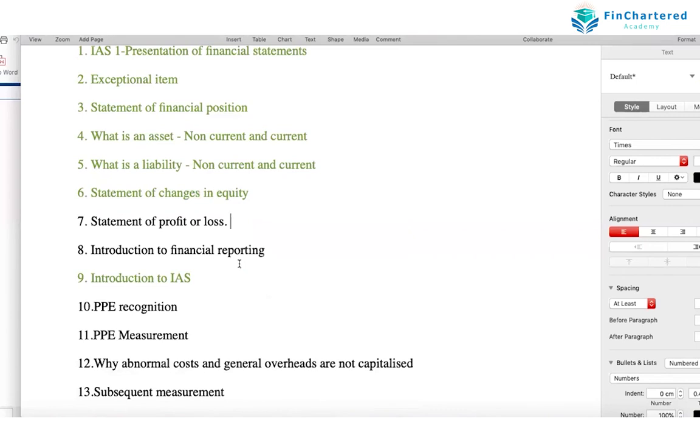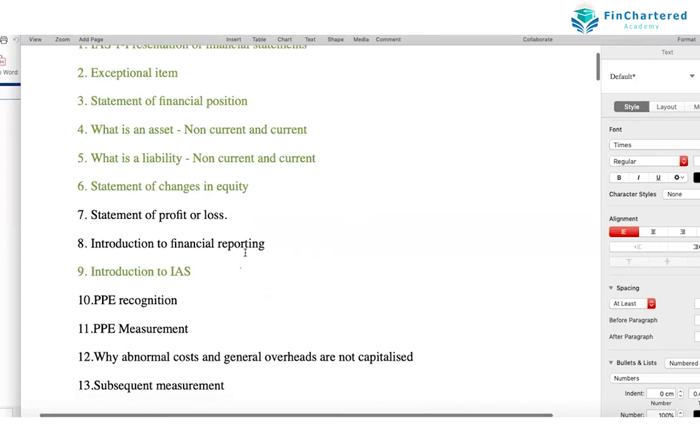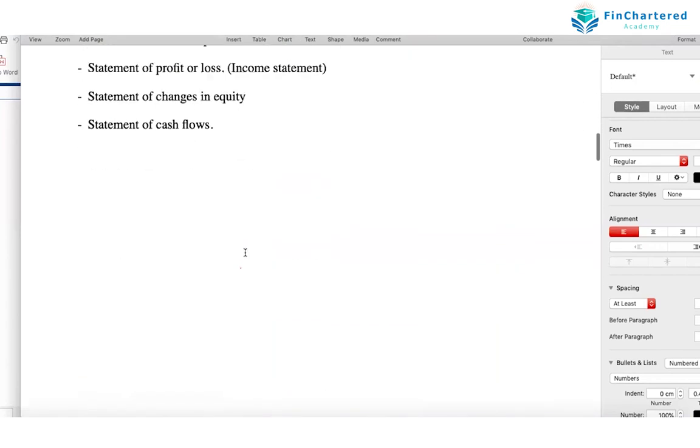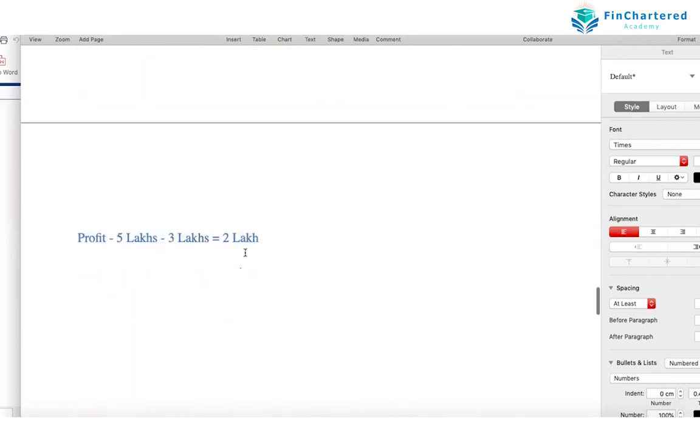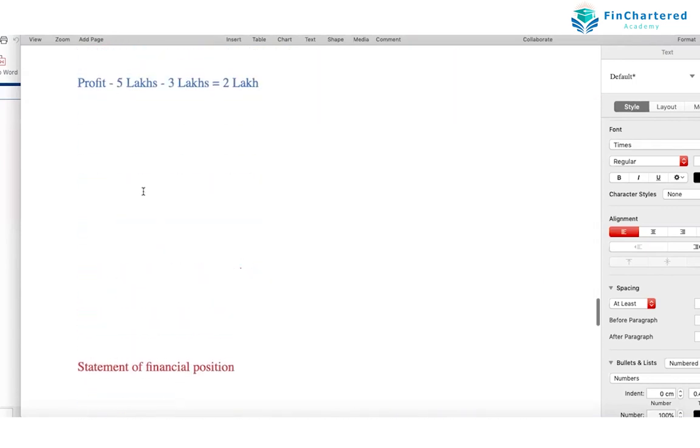Now, this is simply a piece of paper that answers one question. Statement of profit or loss is a piece of paper that answers one question.